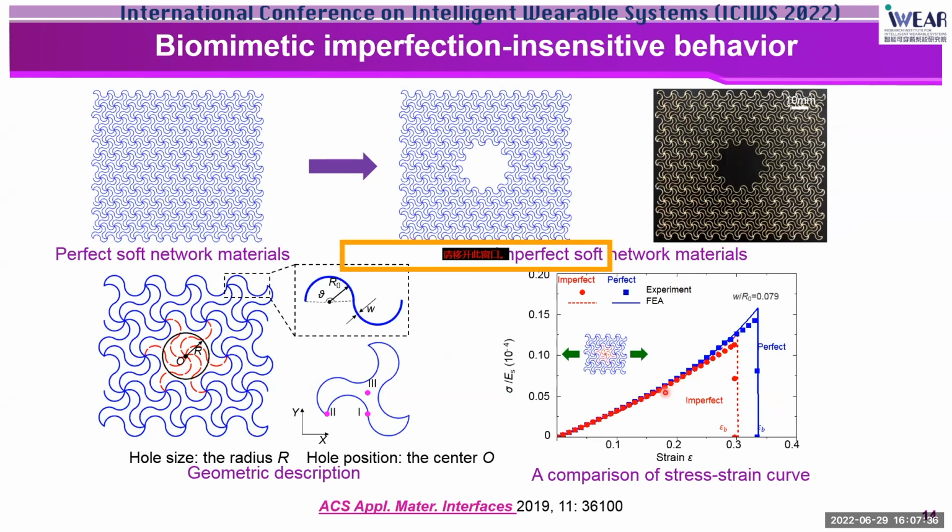Here the blue color denotes the stress strain curve of a perfect network material, and the red color denotes the imperfect network with 6 missing microstructures. In this case, you can see that the strength reduces only by around 20%, and the stretchability reduces only by around 10%. So this clearly shows the imperfection-insensitive behavior.